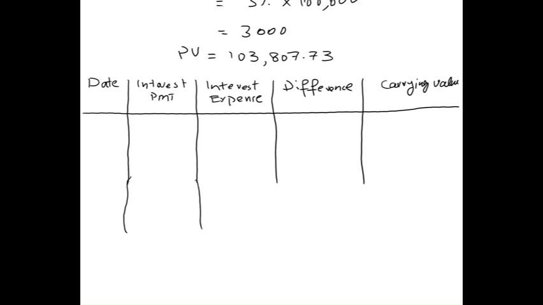Let's just extend these a bit more. So again, the bond is issued on February 1st, 24. Nothing here, nothing here. The carrying value will be 103,807.73. Again, you do not have to be exact, you can round it off. And then August 1st, 24, first payment.